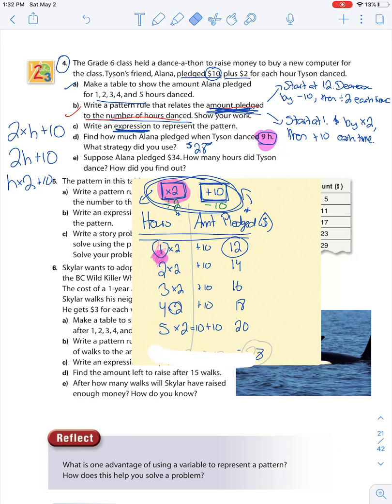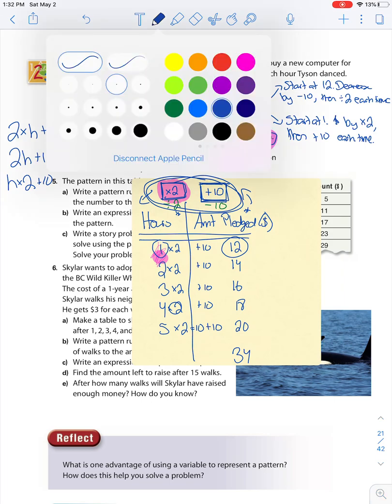And then next, this is a great question. Suppose that Alana pledged $34. How many hours did he dance? In this case, we're trying to figure out the h.